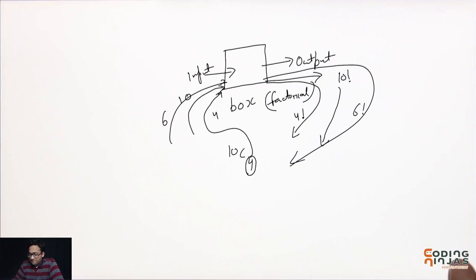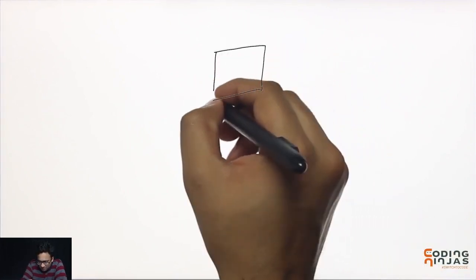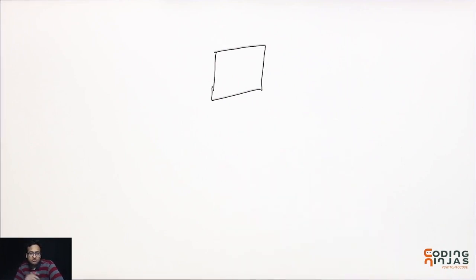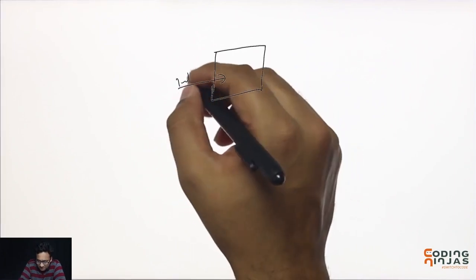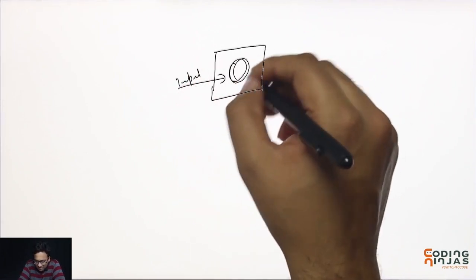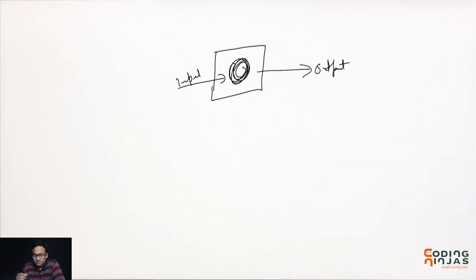I'll just repeat, okay? So basically a function is a box. It's kind of a black box. You don't care what exactly is going on inside a function. A function is a box which takes some input, does some calculation, and gives you the output, okay?